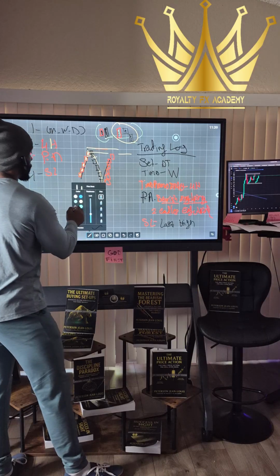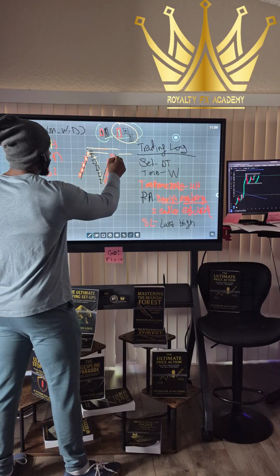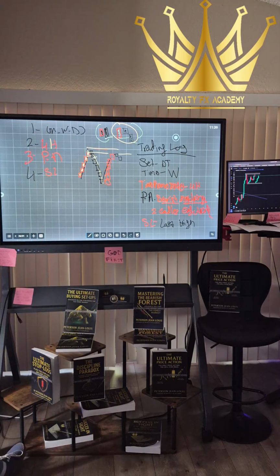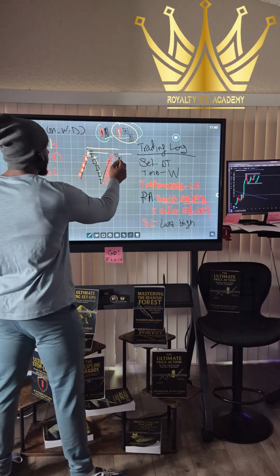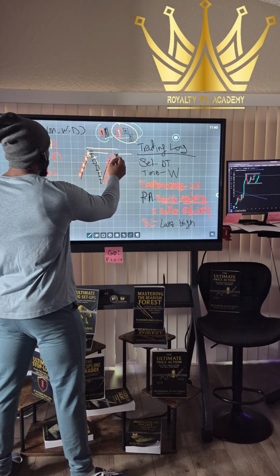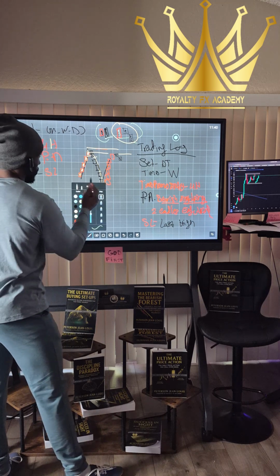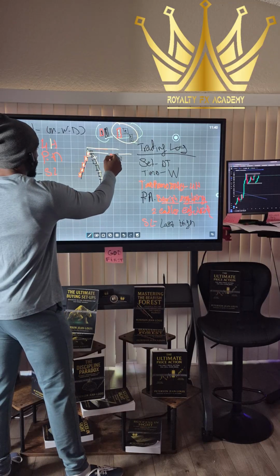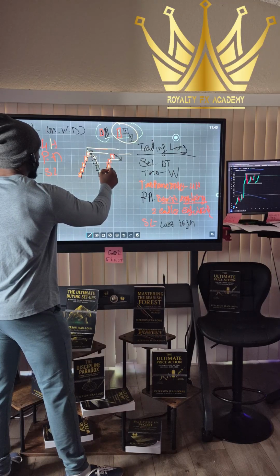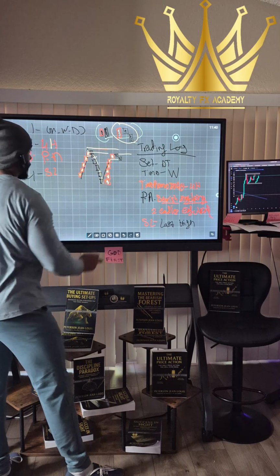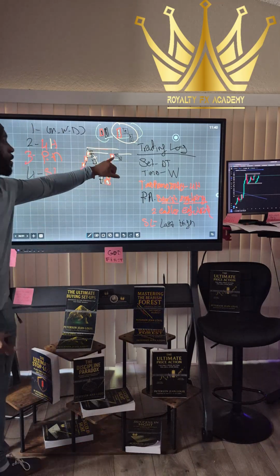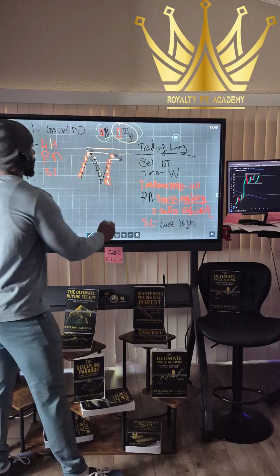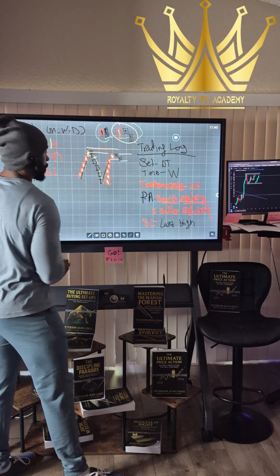The market gave us a bearish engulfing where it took two selling candles to engulf, to overtake the last buying candle. Let me show you the point, which is here. It closed below it. Again, these are bullish candles. It took two bearish candles to engulf the last buying candle. Right down here would be your entry point.